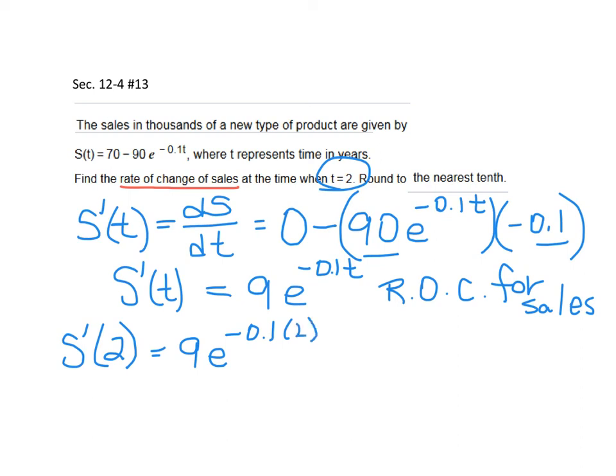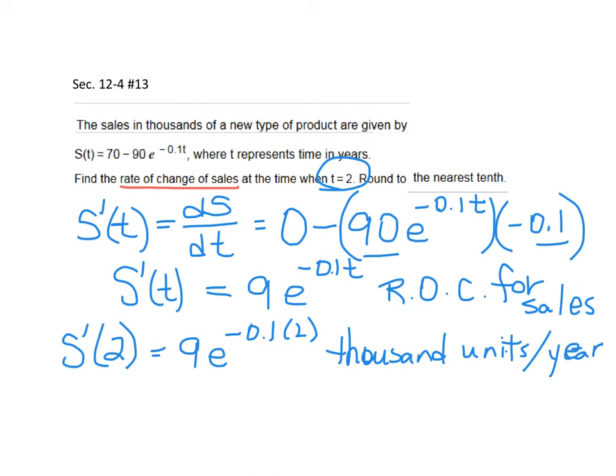And the units on our sales is going to be 1,000 products, or 1,000 units per year. You have to remember that these are always in context.